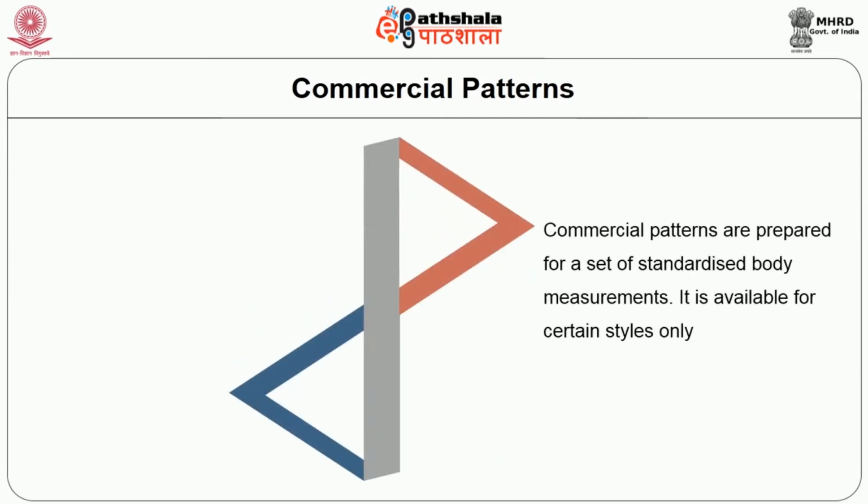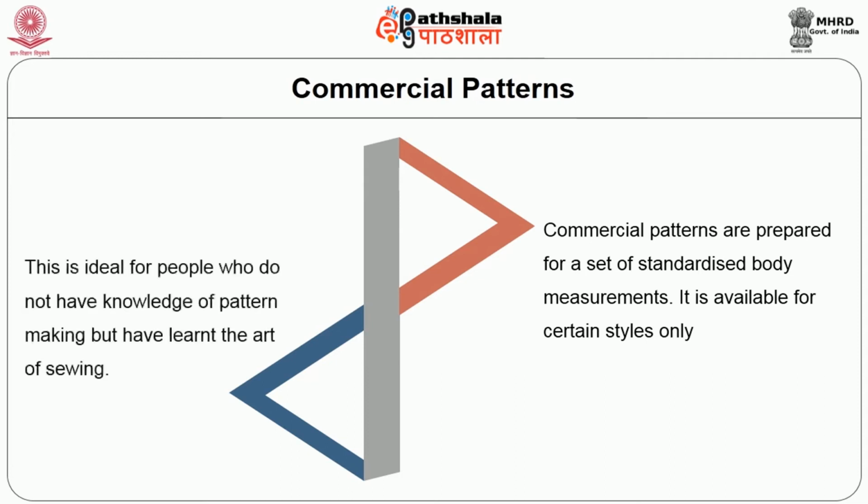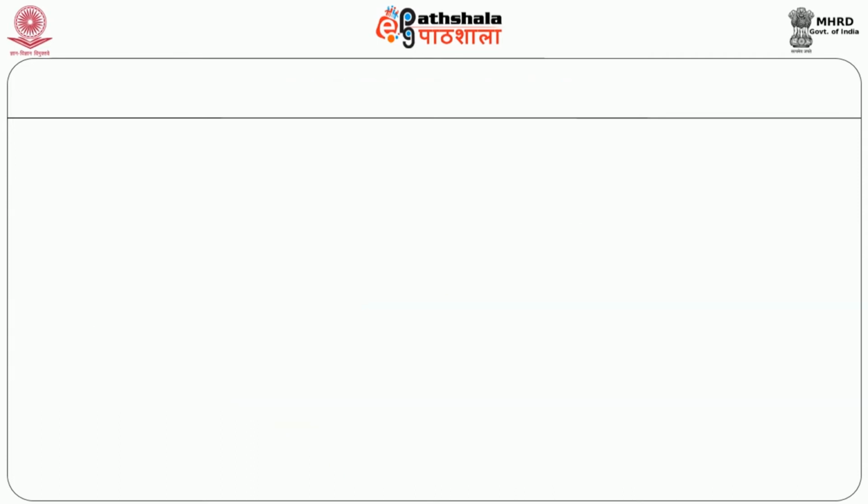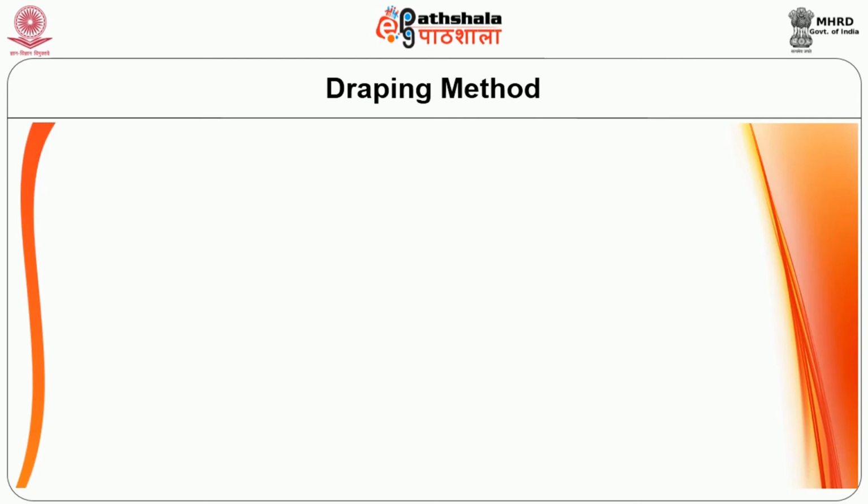Commercial patterns are prepared for a set of standardized body measurements and are available for certain styles only. This method is ideal for people who do not have a knowledge of pattern making but have learnt the art of sewing. The next method is draping method.